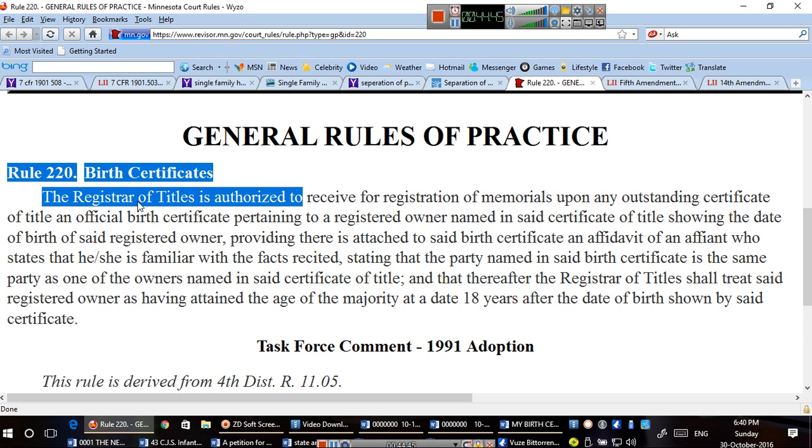And so this rule is simply backing up the legislature who created the statute, which is binding on the court and the legislature and the wonderful county register, the executive branch. So the register of titles is authorized.